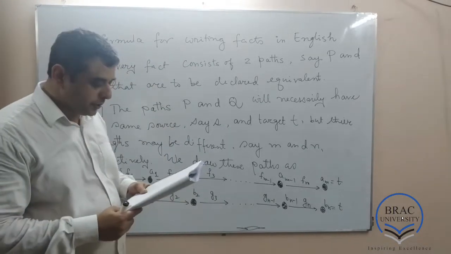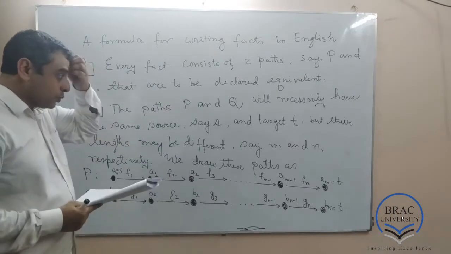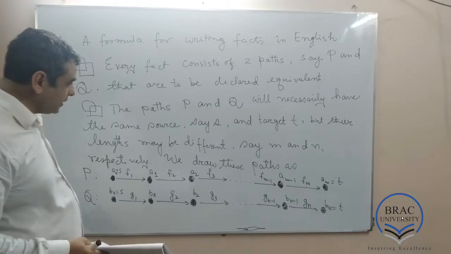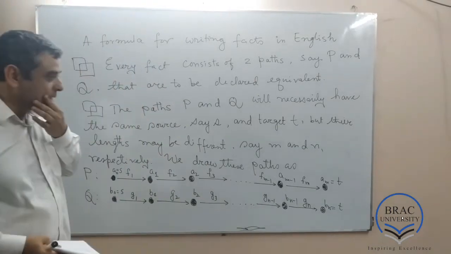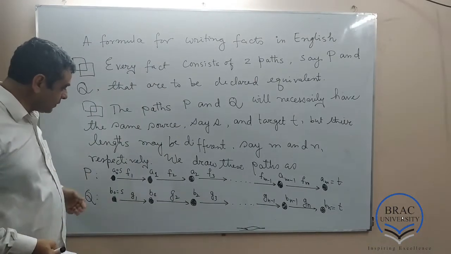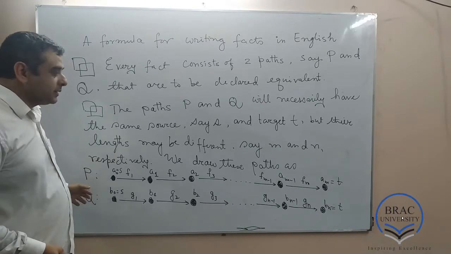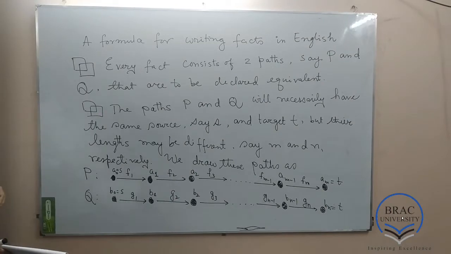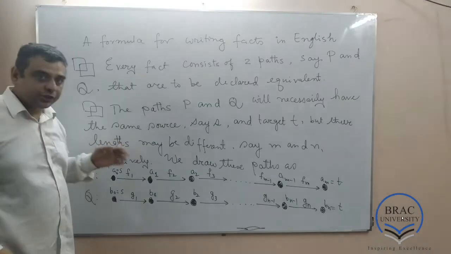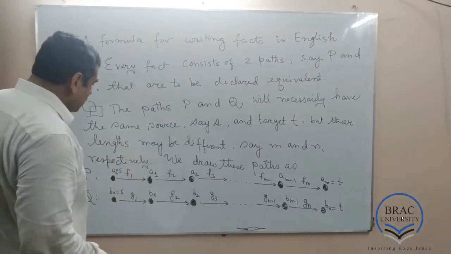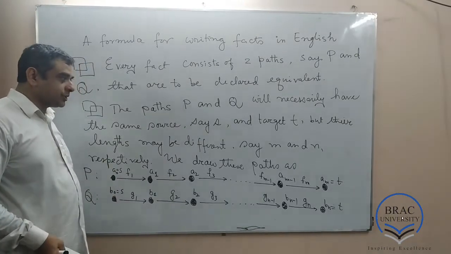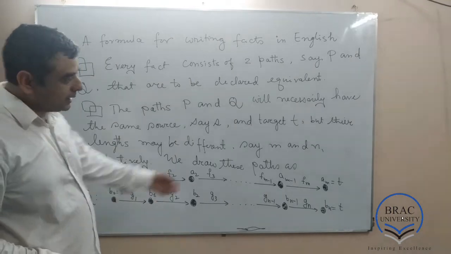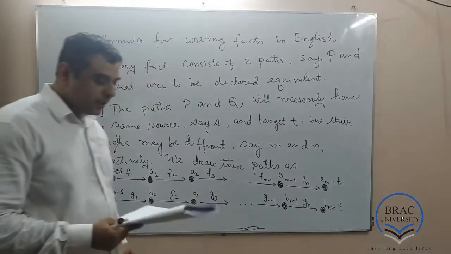So, in the last segment, in the second segment, we discussed how we can describe the facts using a diagram, and there were certain conditions associated with the fact that the sources should match and so should the targets, but the lengths of the paths could be different.